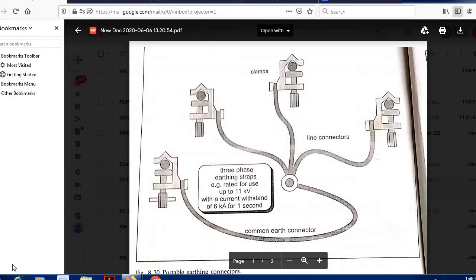So this is the electrical permit to work guideline, and this has to be followed. This electrical permit to work has to be obtained, and only then can you do the maintenance, repair or testing. Now, for you, let us talk only about the testing part.